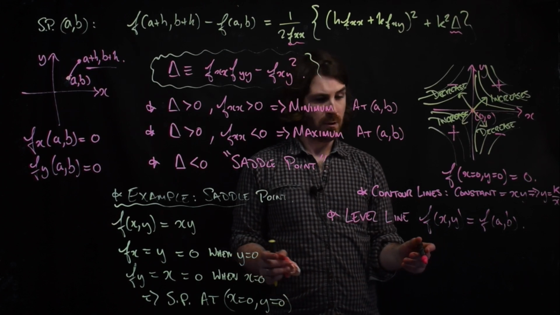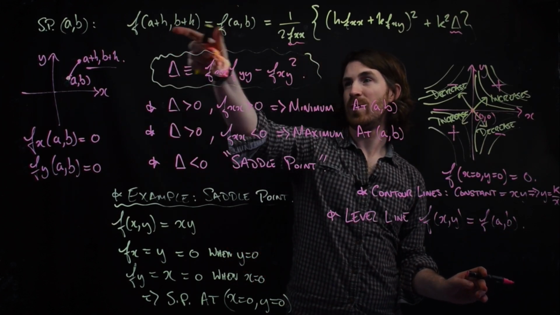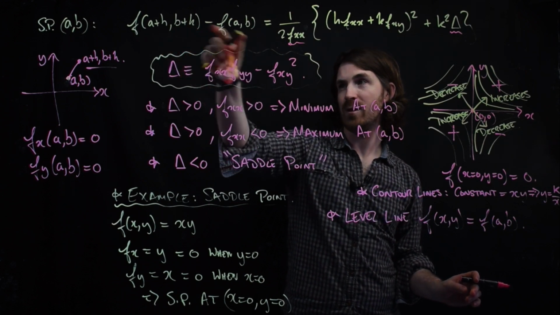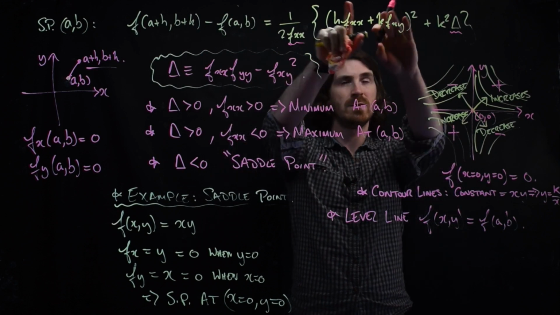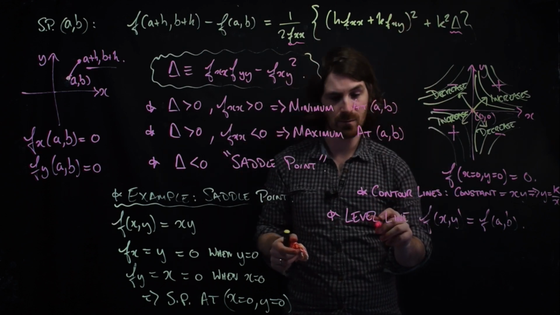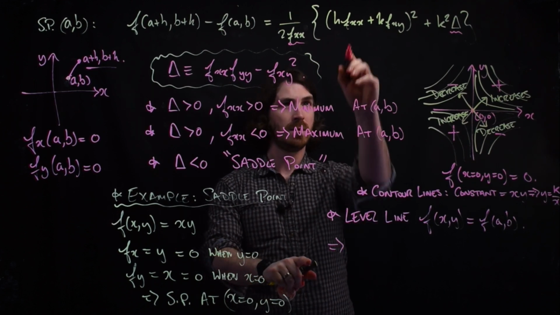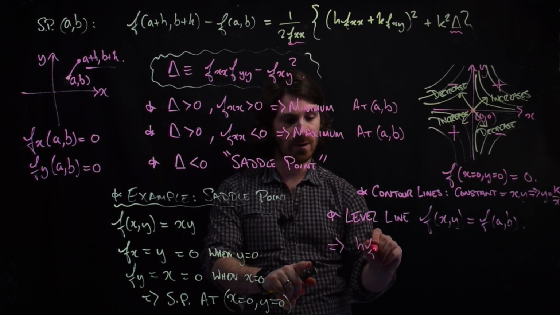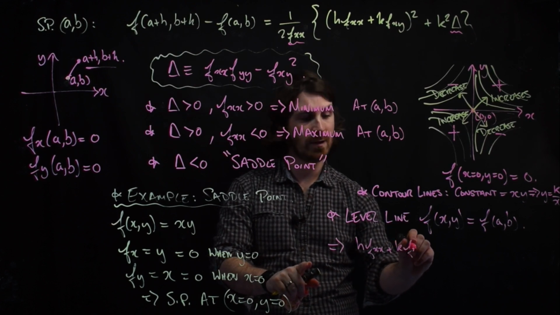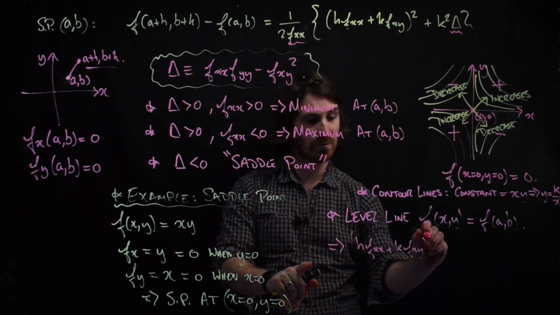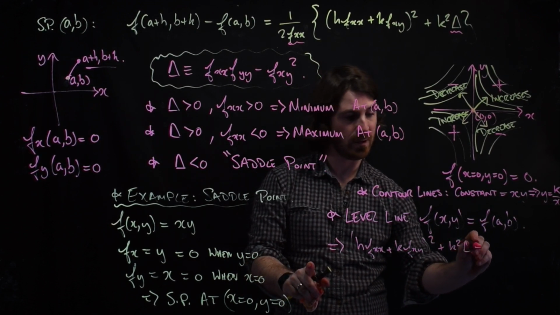In this case, as you move away from the stationary point, the value of the function doesn't change, so this becomes 0, which means this right-hand side is equal to 0. So along a level line, you have that (hfxx + kfxy) all squared + k squared delta equals 0.